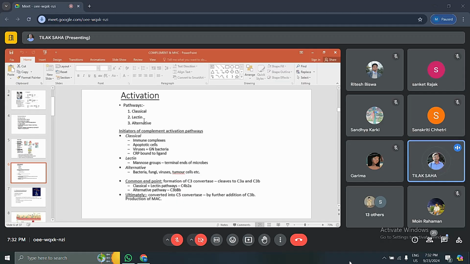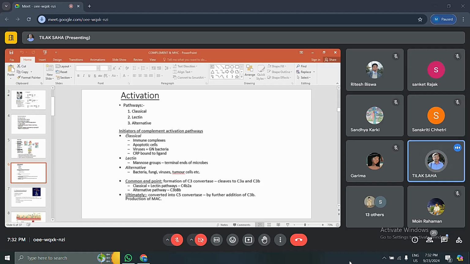So these lectins, MBL, are sensors that can initiate the activation of complement, right? So this is another pathway that initiates with the lectin molecule. So in these three different pathways, complement gets activated. I hope you understood this.